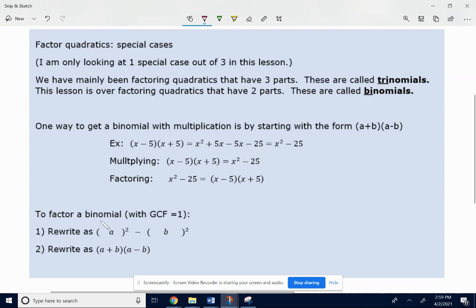You want to rewrite it. This is the way I would do it. I would rewrite it as something squared minus something squared. And then I would take those two somethings and put a plus sign between them and a subtraction sign between them. I'll show you what I mean.